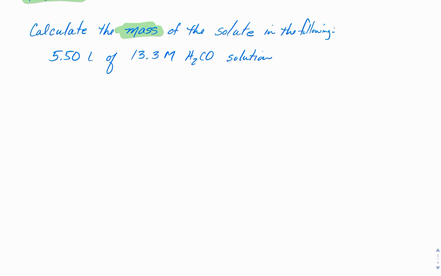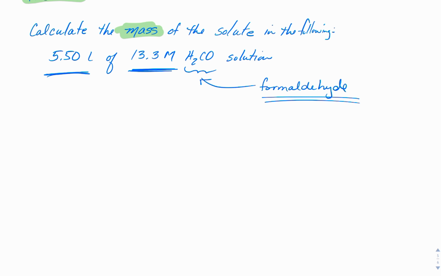So you're starting with 5.50 liters and the 13.3 molar solution of H2CO, which by the way is actually the formula for formaldehyde. And that's what we use to fix tissue. If you are taking a sample of tissue and wanting to preserve it for years to come, that's what we use.